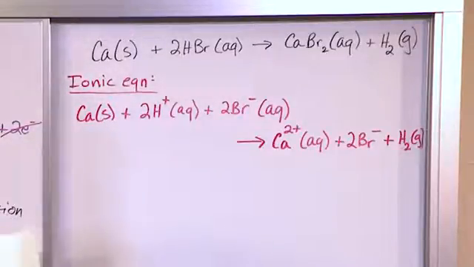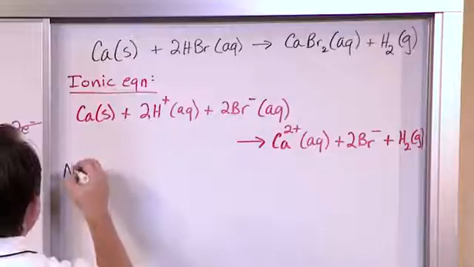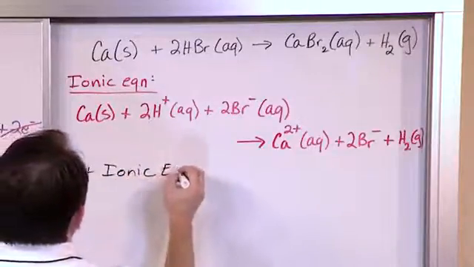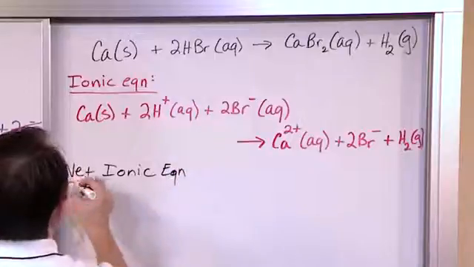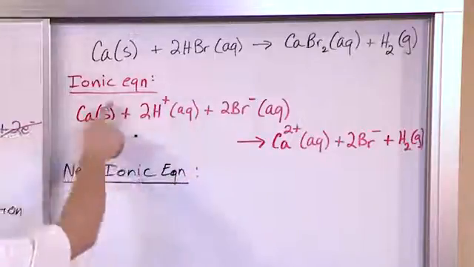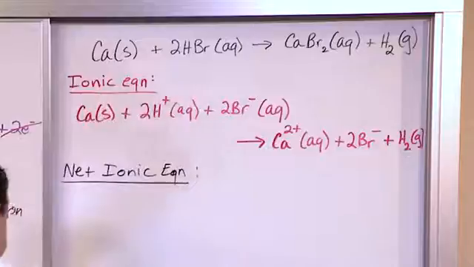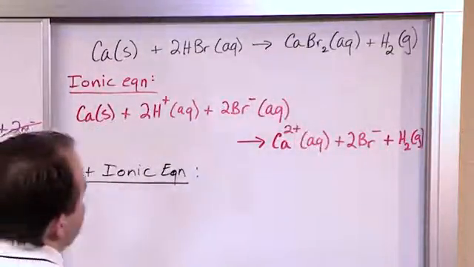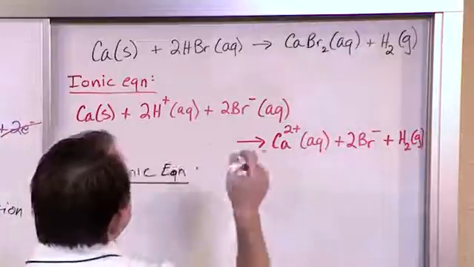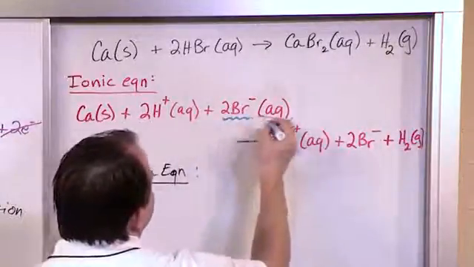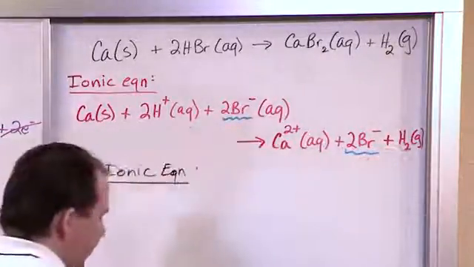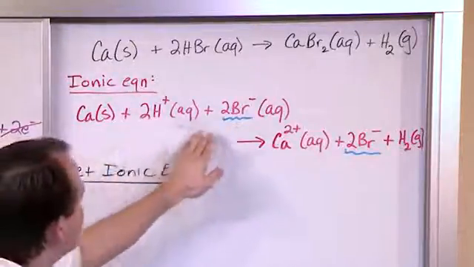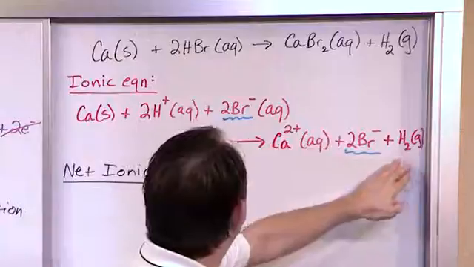So the next thing I want to find is what we call the net ionic equation. In order to find the net ionic equation, you look at the ionic equation and figure out what is common on both sides of the yield sign. This 2-bromine here also exists on the other side. So that means that the calcium and the hydrogen end up changing into what's going on over here.